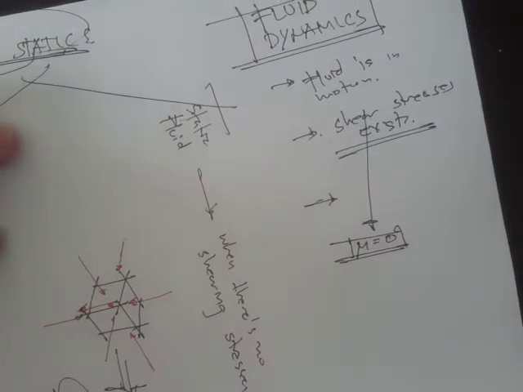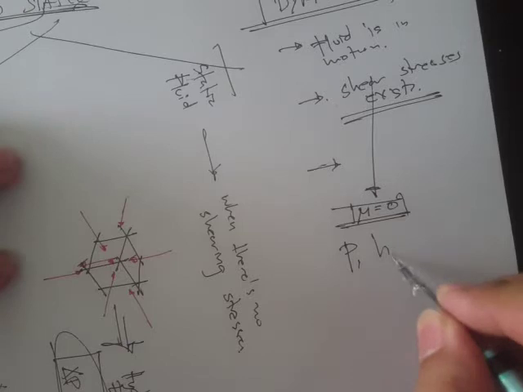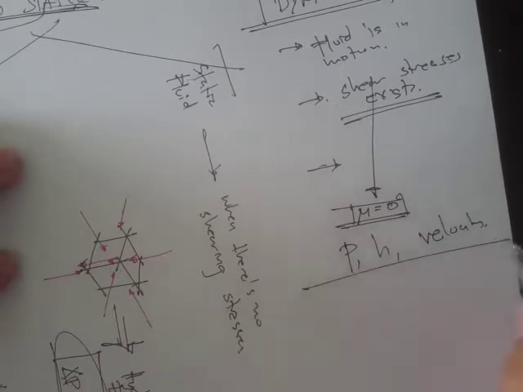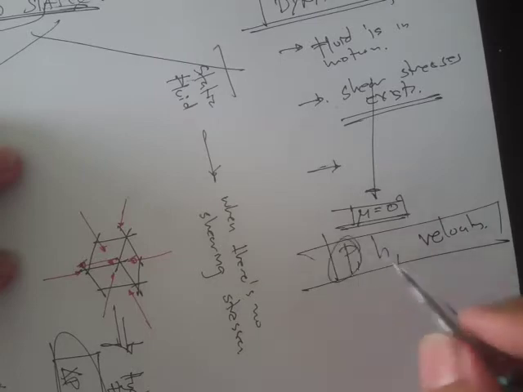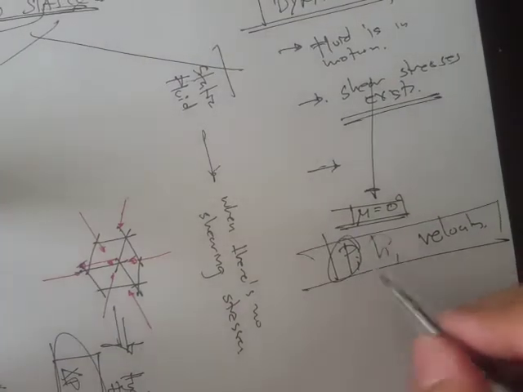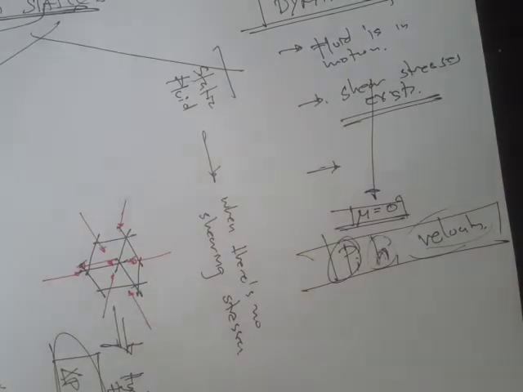So in this condition, we can also derive an expression relating the pressure, the elevation, and the velocity of the fluid. Okay, so we will try to derive an expression relating the pressure, the height, and the velocity of the fluid.